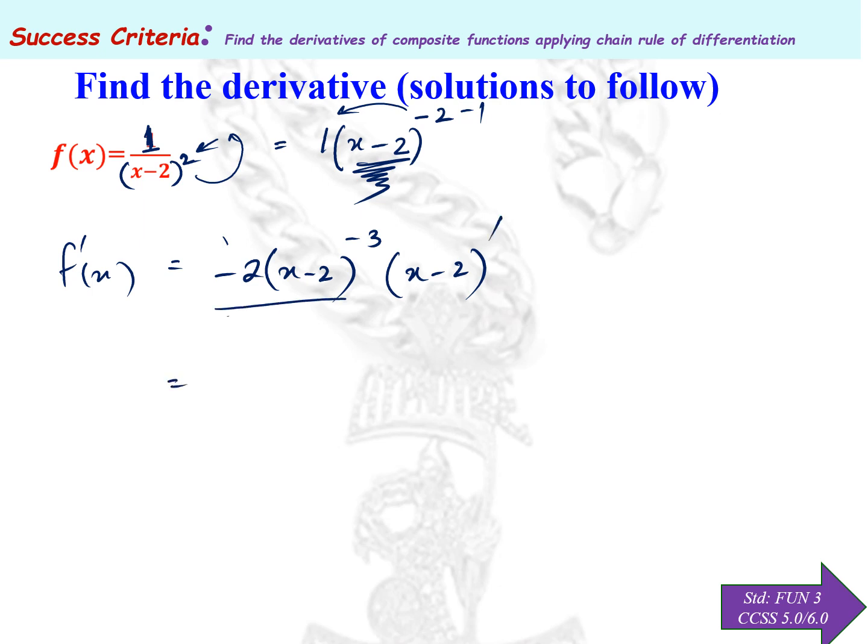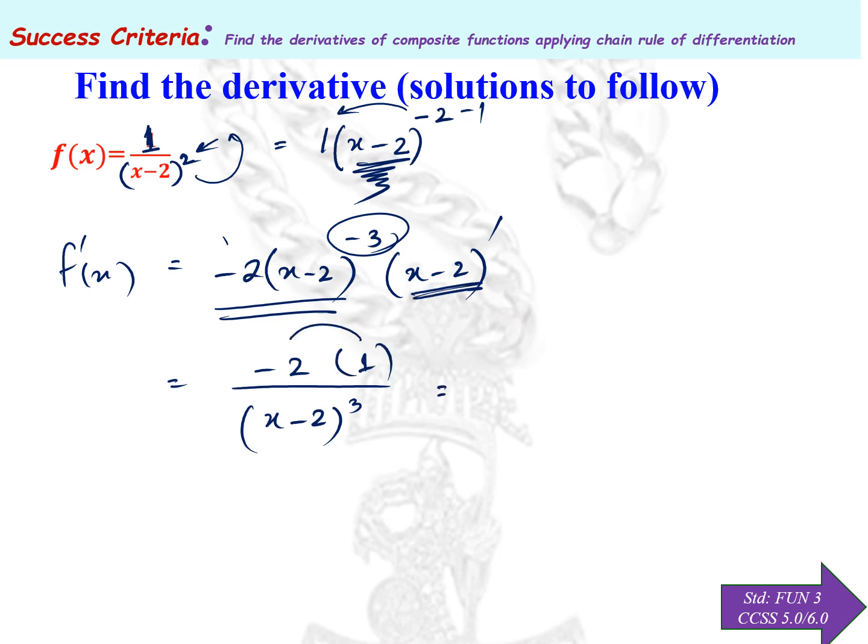Now here we have no prime, but there is a negative power, so write it again in the denominator to convert the sign of the power. The derivative of x is 1. Now simplify. Minus 2 times 1 is negative 2 divided by x minus 2 whole cube.